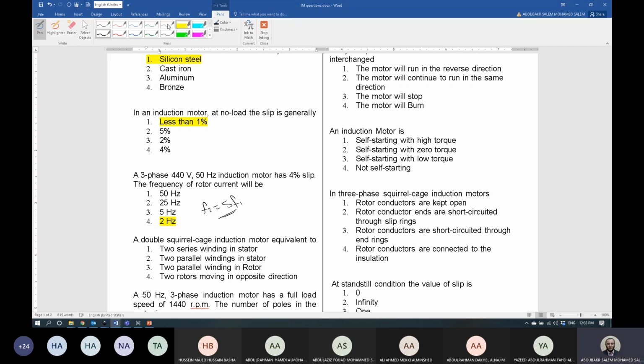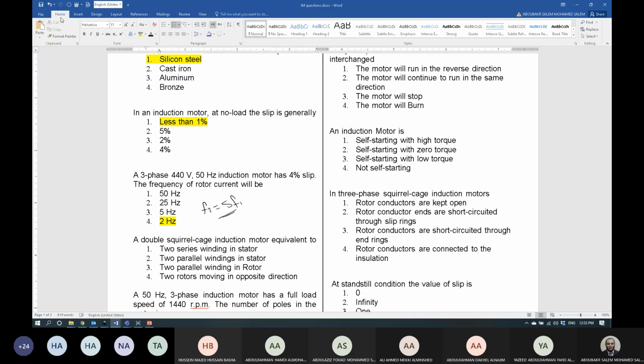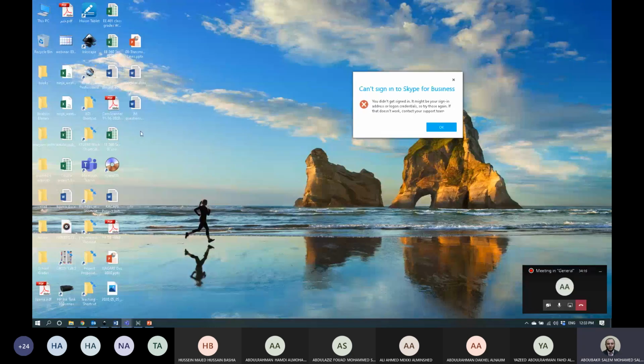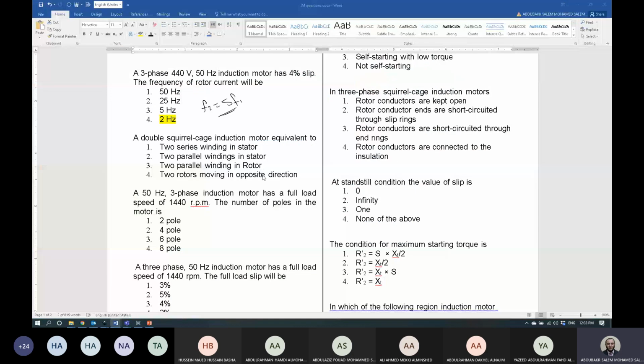What do you think? Squirrel cage or double cage? We discussed it in the previous class. One of the techniques to reduce the starting current is to make a different shape for the cage. Parallel, Doctor? Yes, it's parallel, right?